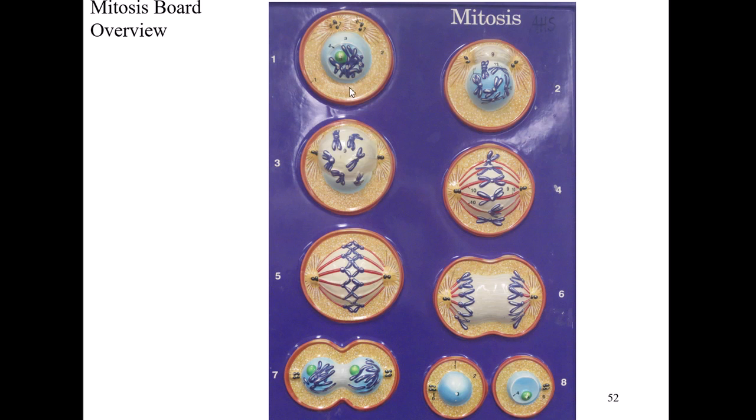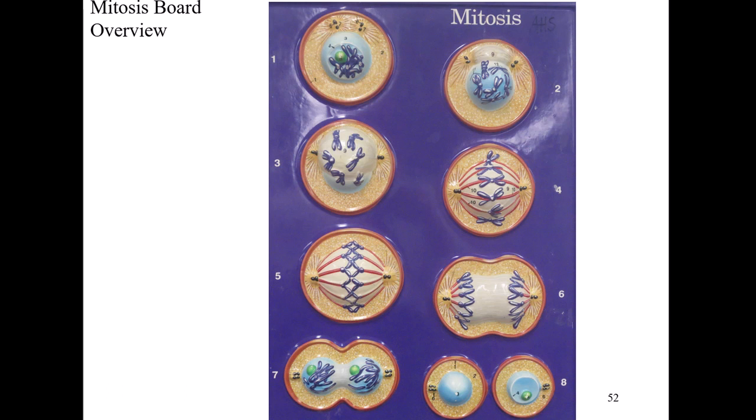In this model, this is going to be early prophase, middle prophase, late prophase. Then this one here is metaphase. We're going to go through each one of these. Here's the metaphase plate. The next two are early anaphase and late anaphase. This is going to be telophase. Finally, once this splits, we have our two new daughter cells, and they are in interphase.